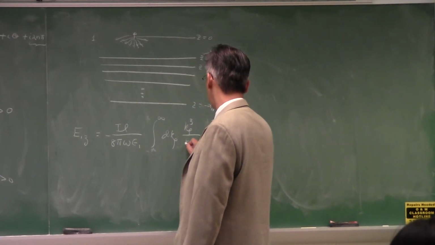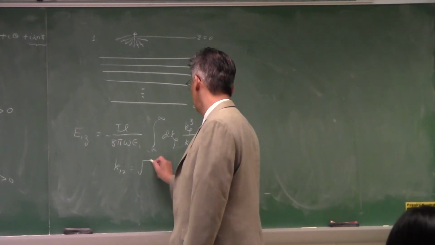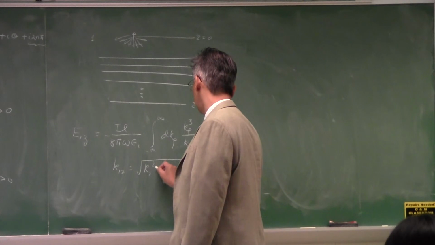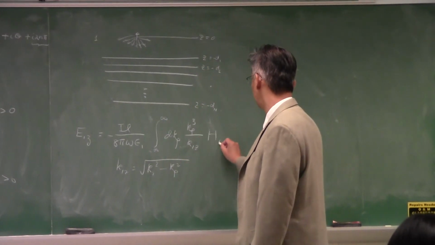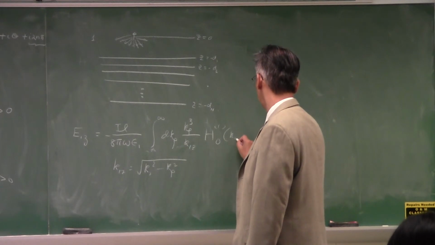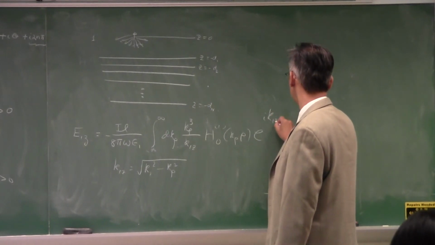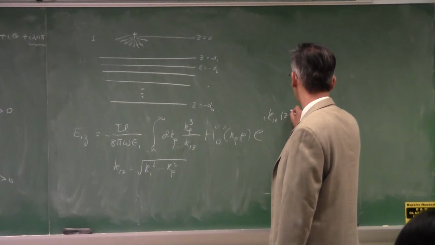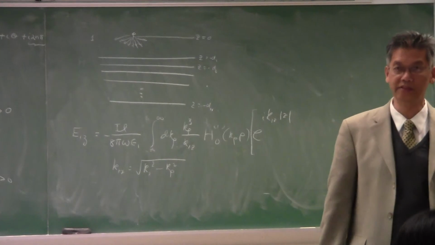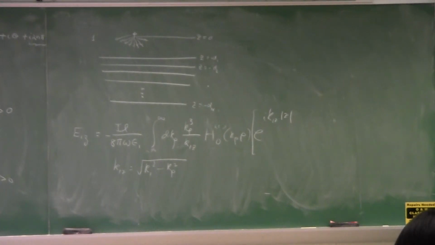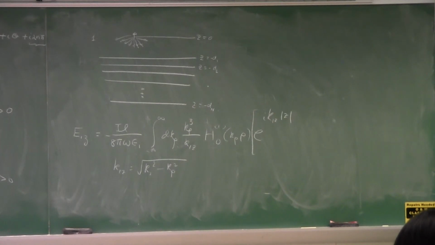Okay, and then I will call this k1z. k1z I define to be the wave number of region 1 minus k rho squared. And then I will write the rest down. k rho e to the I k1z z. Okay. This is the solution in region 1, assuming that the layered medium is not there.